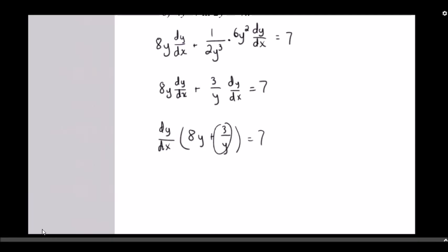Since this is a fraction, I've got to make this into a fraction, so I can put a y in the denominator and multiply it by another y in the numerator, like that. So I'd have 8y squared over y plus 3 over y. So combining that, I would have 8y squared plus 3 all over y.